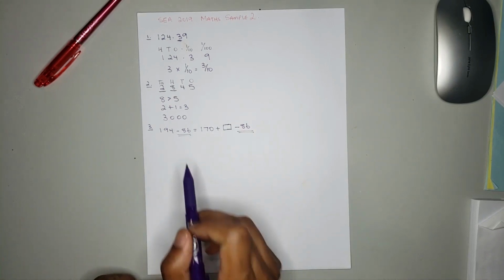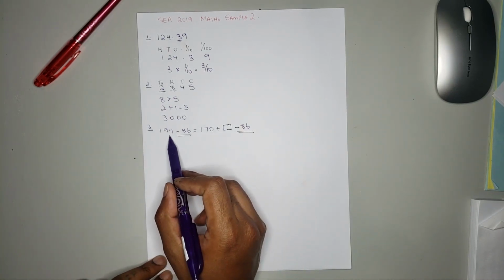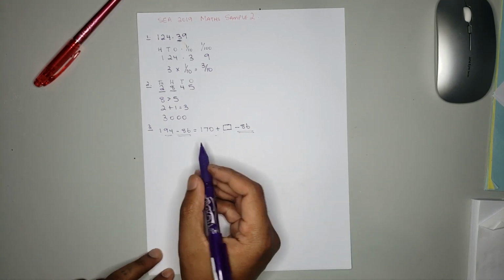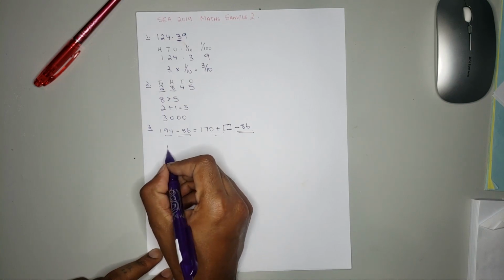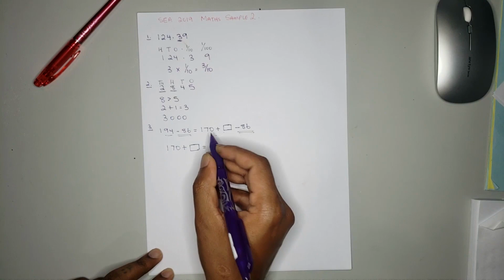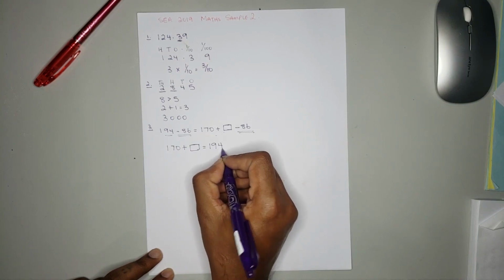The only thing that is different here now is this 170 and this 194. So what we could do is realize how much must be added to 170 to make 194. So 170 plus the unknown amount is equal to 194.